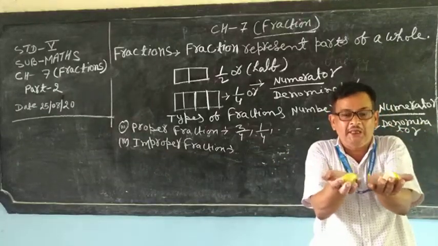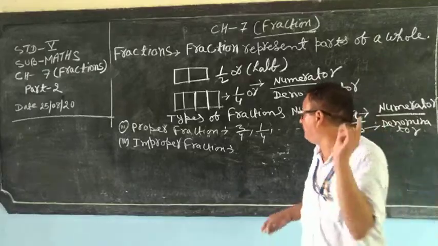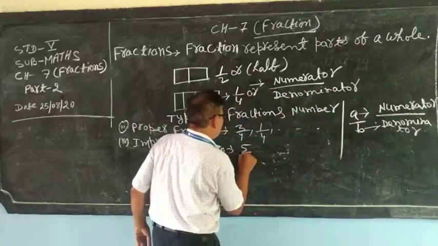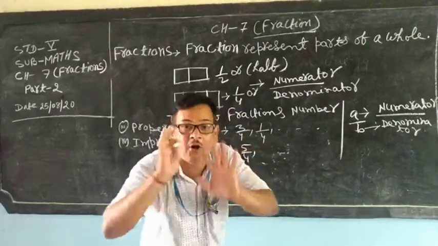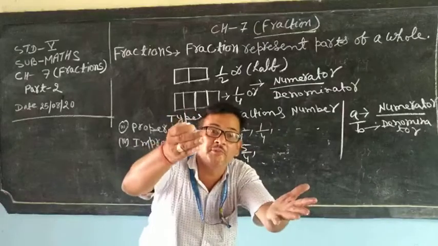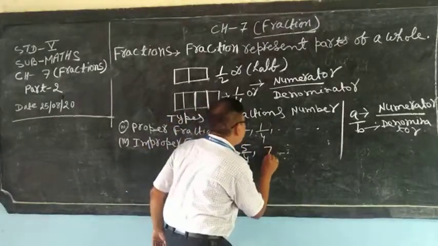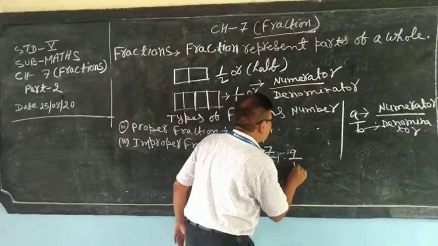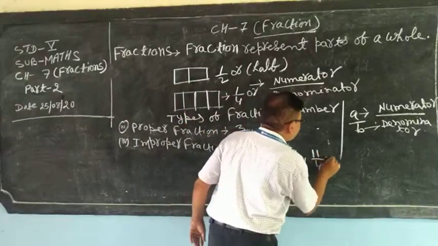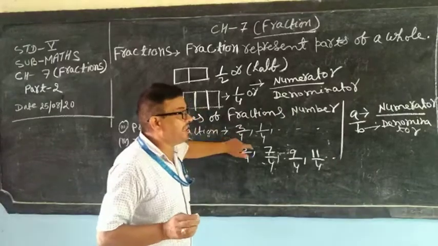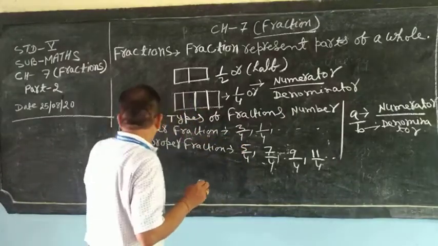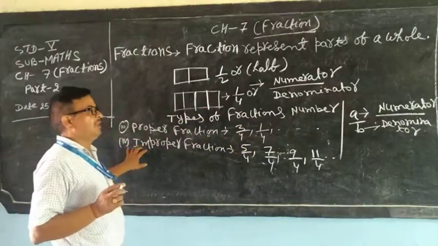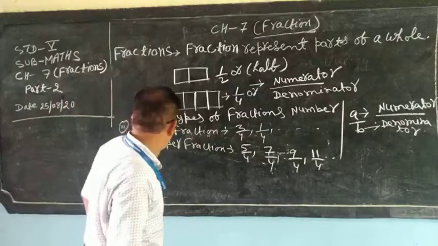So this is called 5 by 4. Not only that, you have only 4 parts and more friends came, so this can be 7 by 4, 9 by 4, 11 by 4. This means the numerator is more than the denominator. This is called improper fraction.